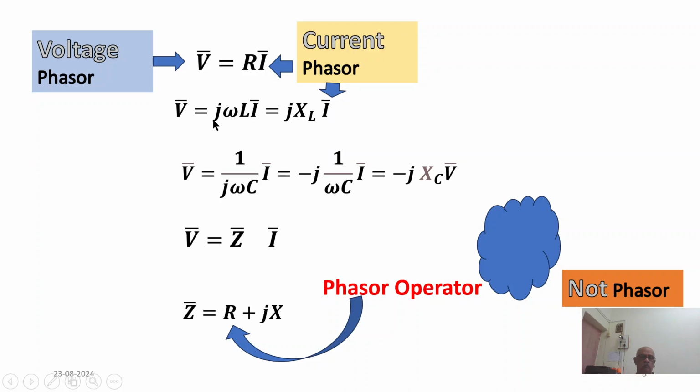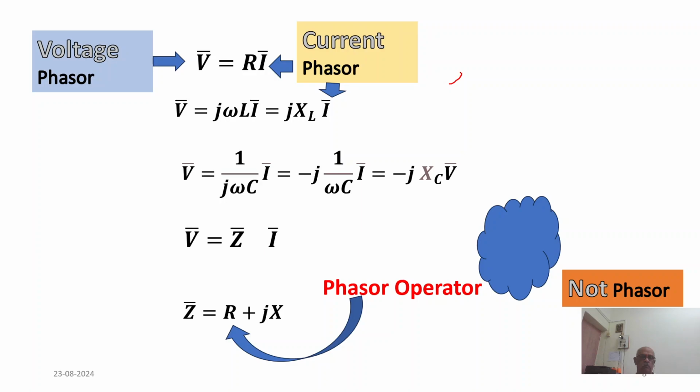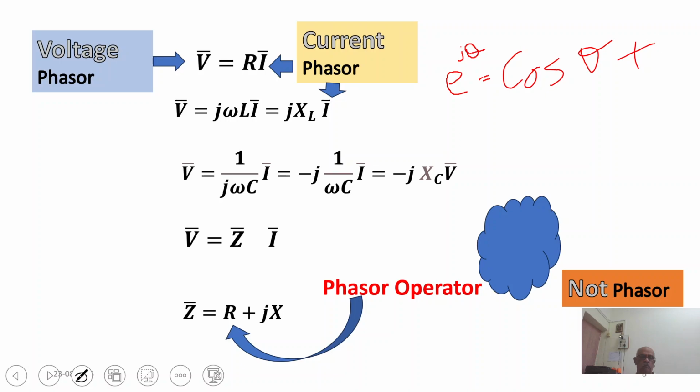Now, this imaginary number j starts coming up, which amounts to tell that, well, by Euler's formula, you remember the Euler's formula, wherein you have got e to the power j theta is equal to cos theta plus j sin theta.